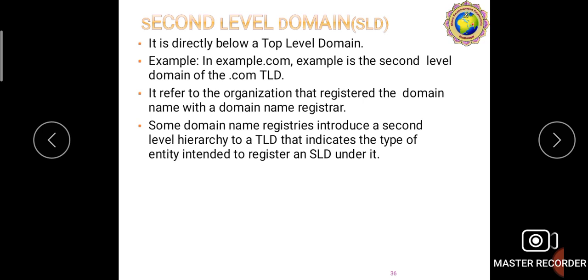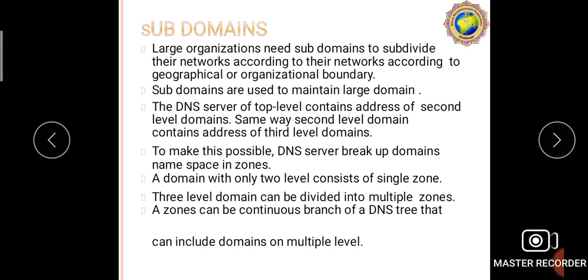So next concept, now let's move on to the next concept, subdomain. Large organizations need subdomains to subdivide their networks according to geographical or organizational boundaries.